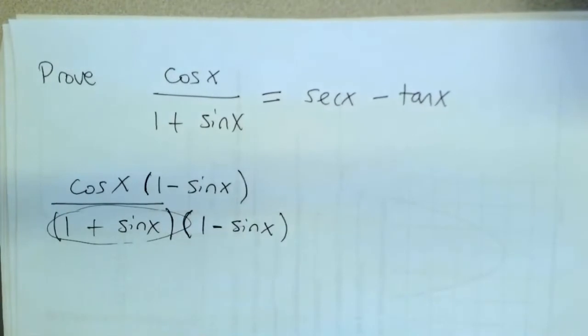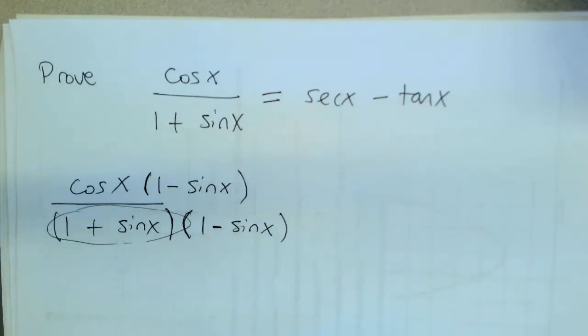Now, why would you do that ever? You're clearly making it more complicated. But it's allowed. You can multiply top and bottom of a fraction by whatever you want, as long as it's the same thing on top and bottom. But how would this ever make things nicer?